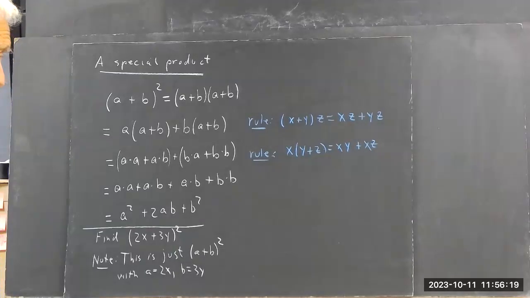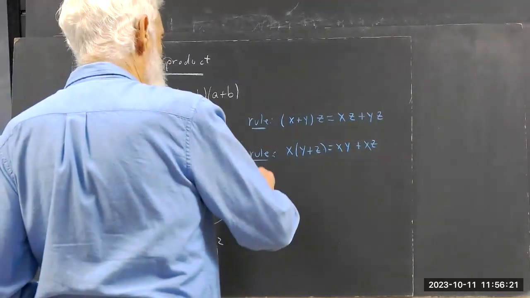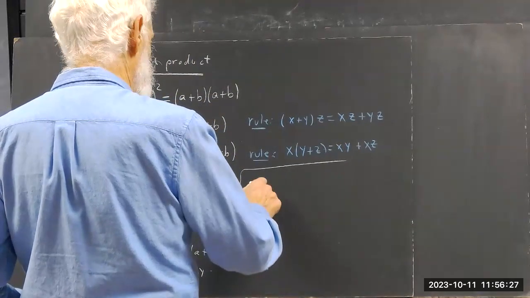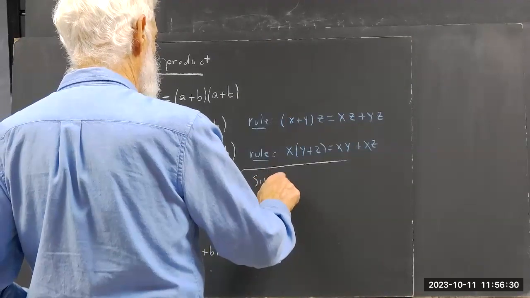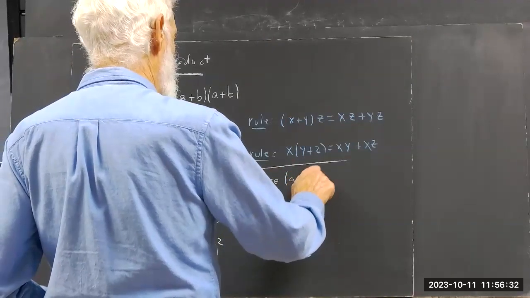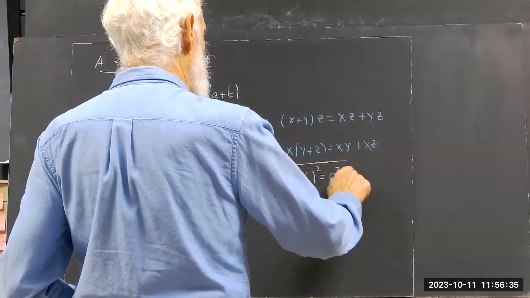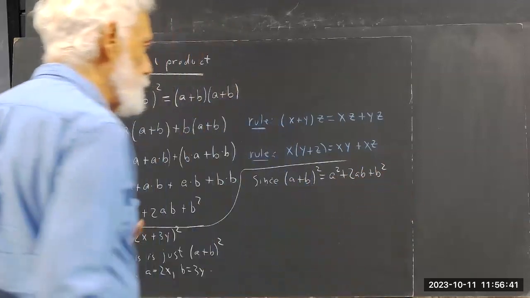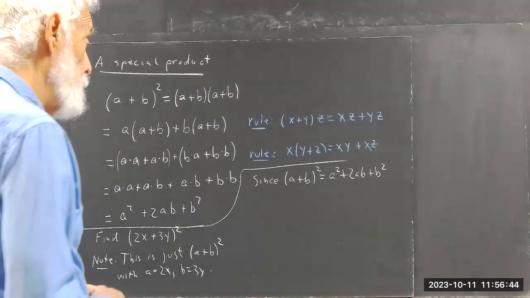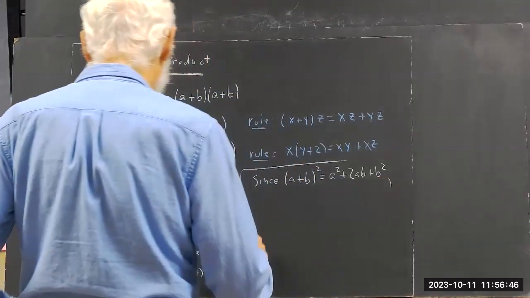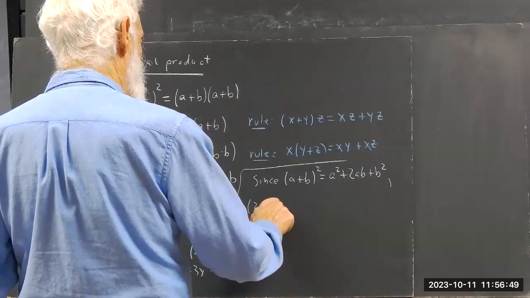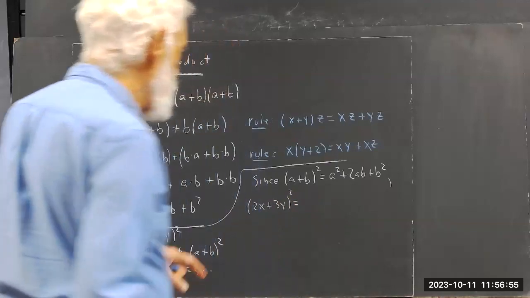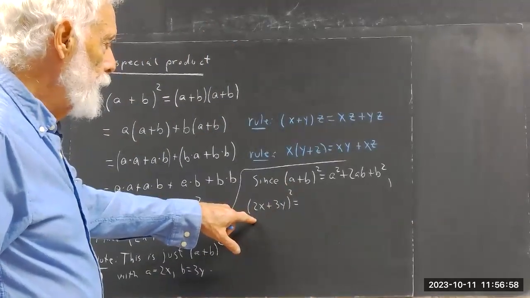Okay. Well, if a plus b quantity squared is a squared plus 2ab plus b squared, we replace a by 2x.